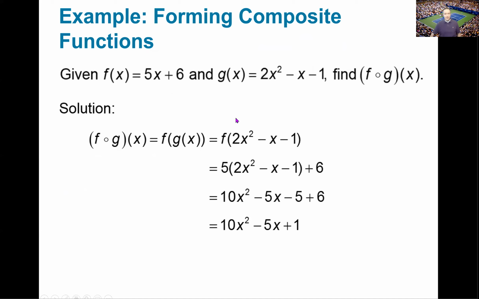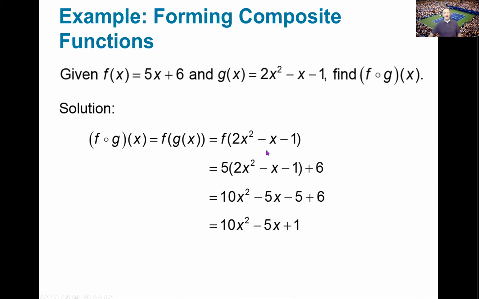First of all, let's look at a pretty straightforward one here. If I'm asking you to form the composite function here, I have a linear function and a quadratic, both have a domain of negative infinity to infinity. So their composition will also have a domain of negative infinity to infinity. I'm going to say f composed with g is the same thing as f of g of x, which means I'm going to take the function g of x and put it into the place of x within f of x.